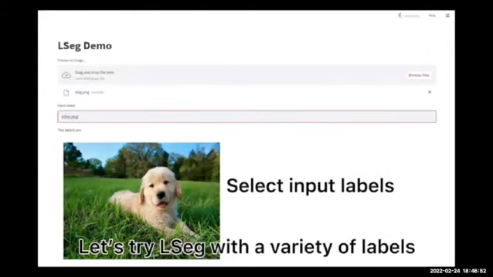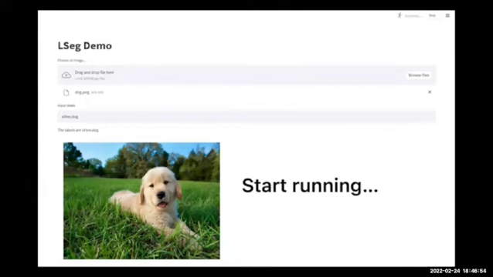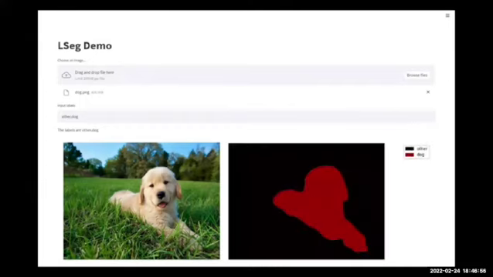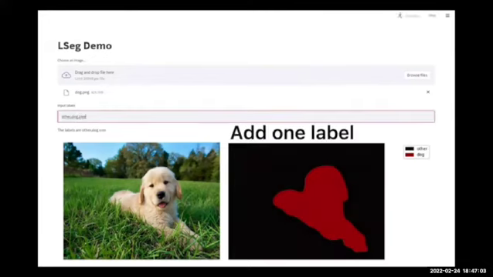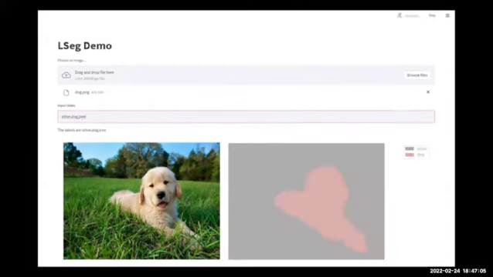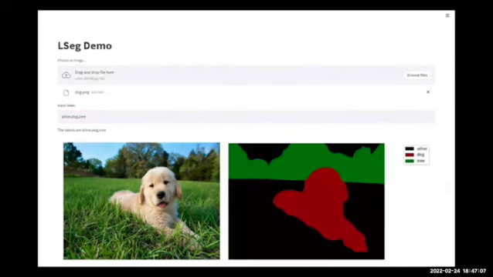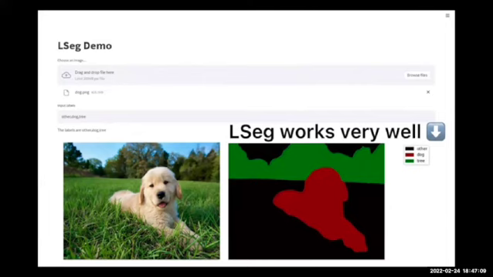So they take a dog, and they provide two labels, other and dog. You should see it is correctly identified. And they add another label, tree, and again it correctly identifies the tree.